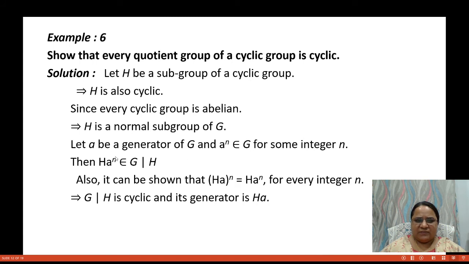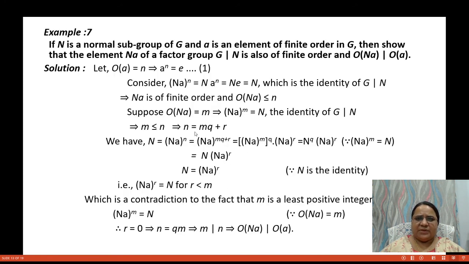Then Ha^n also belongs to G/H, that is our quotient group. Also, it can be shown that (Ha) whole raised to n is equal to Ha^n for some integer n here, which means G/H is also cyclic and its generator is Ha. Similarly, you can try example 7 here.